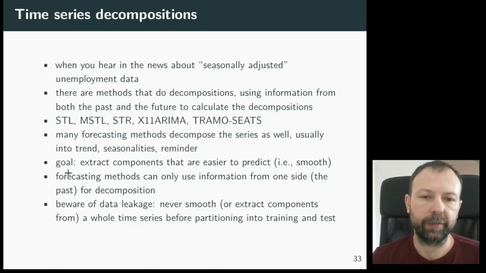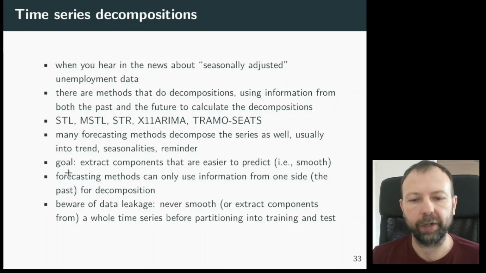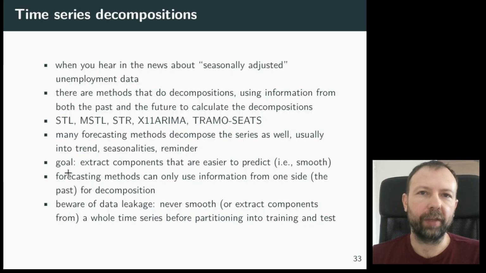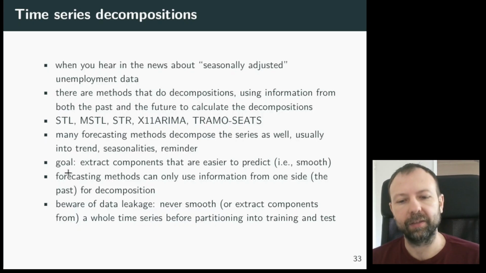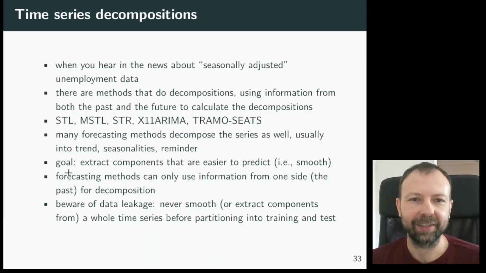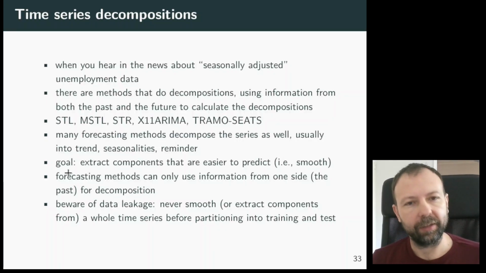One method, for whichever reason, I see that quite a lot in the literature as well, is called EMD, empirical mode decomposition, which also extracts very low frequency signals and then goes to higher frequency signals in the series. And there are published papers out there where they extract these very low frequencies from the whole series, then they partition into training and test set, and afterwards they predict these low frequent series, and they always get great results. But obviously that's data leakage.